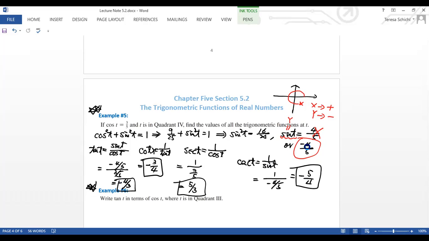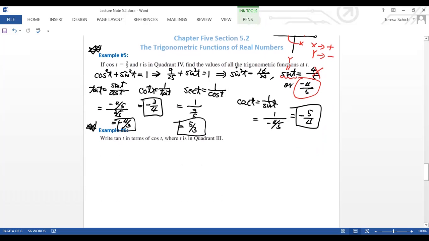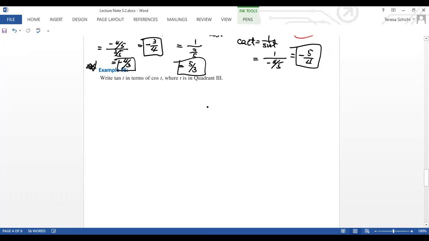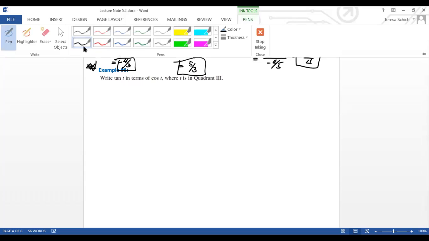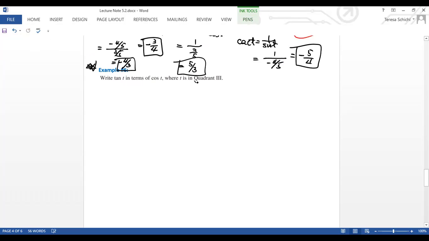Okay, number 6 here. The examples here say write the tangent t in terms of the cosine. Whoa, right? So tangent t in terms of the cosine, and in quadrant number 3. Let's see here, how do I do it?